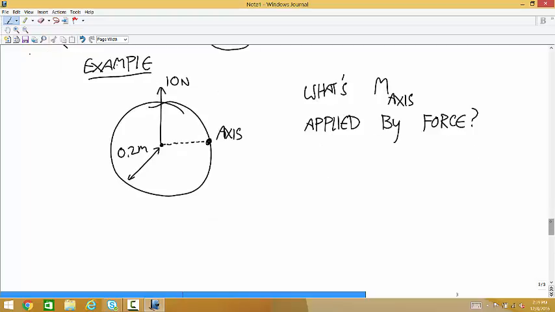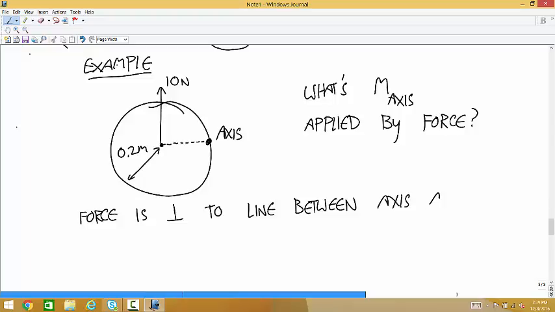So the force is perpendicular to the line between the axis and the point. So we can do the calculation.